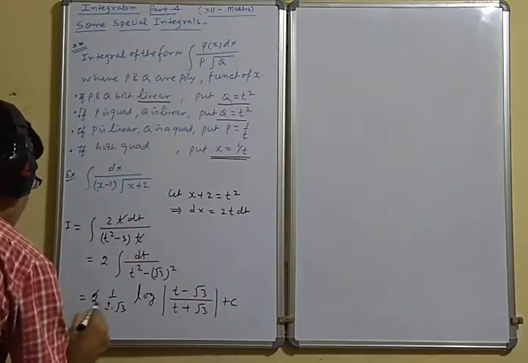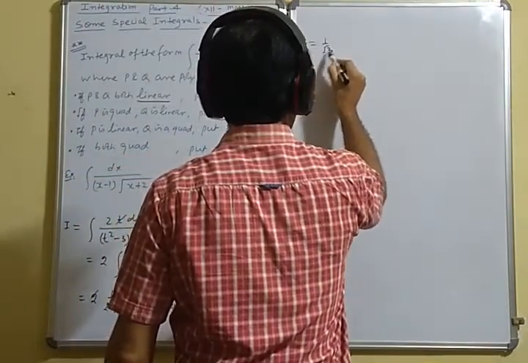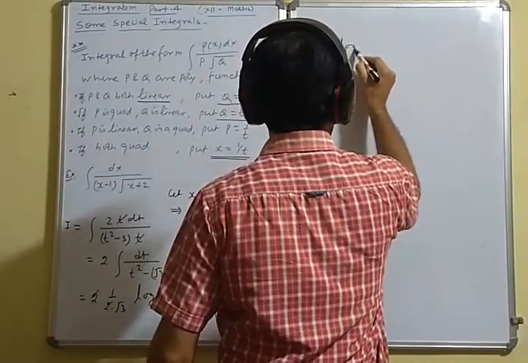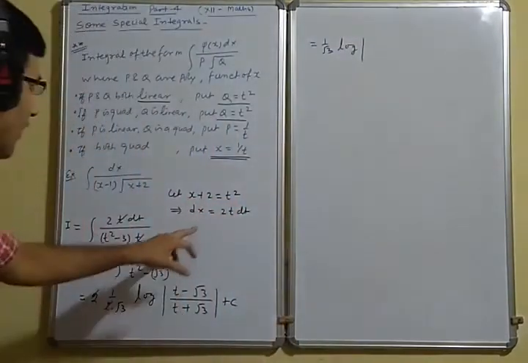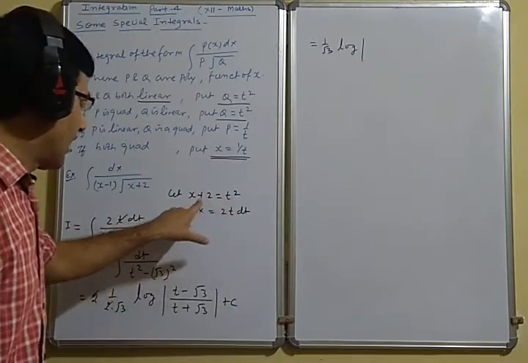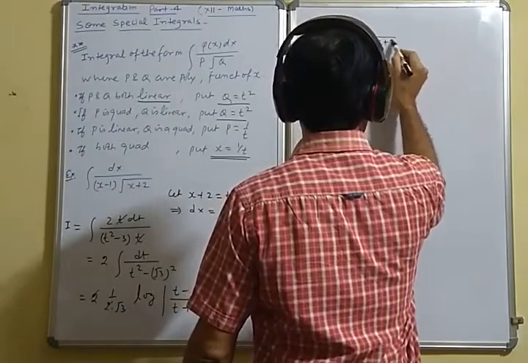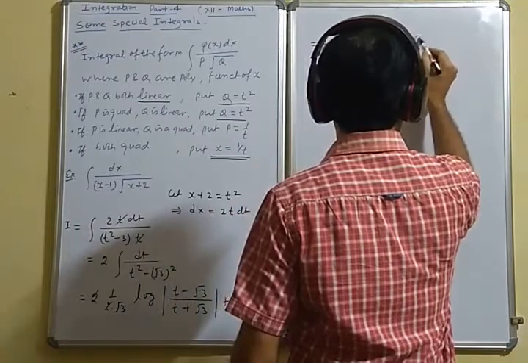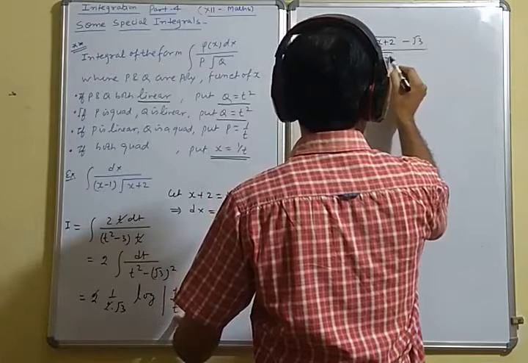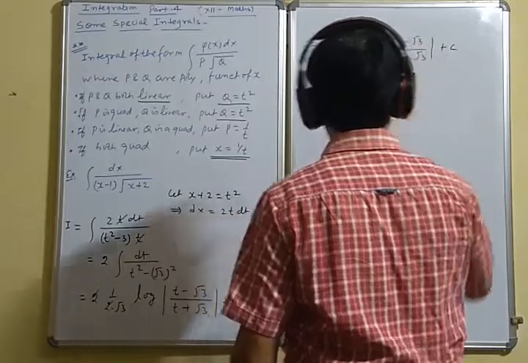The 2 cancels out, so we get 1 upon root 3 log t, and the value of t is under root x plus 2. So that is 1 upon root 3 log of (under root x plus 2 minus root 3) divided by (under root x plus 2 plus root 3) plus c.